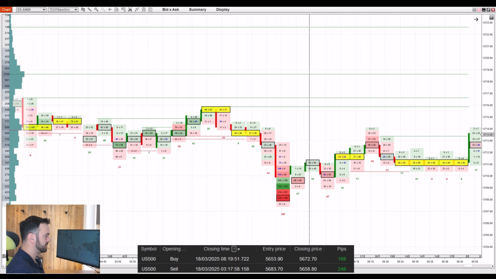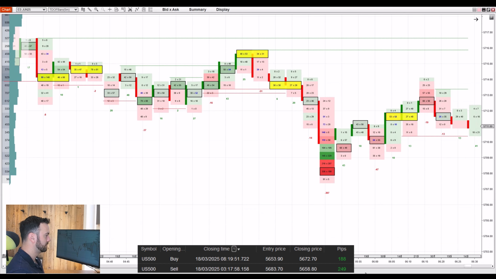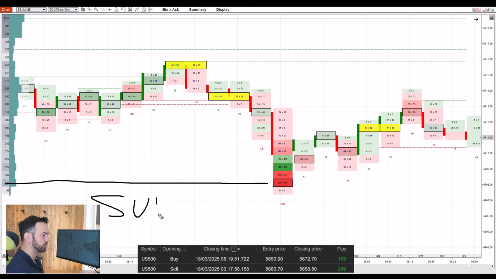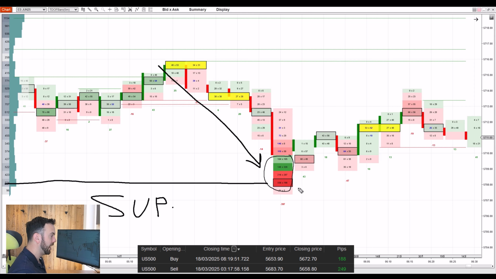You know what? Let me zoom this in even more so you can see it better. This was the support. The price went towards the support, and then around the support zone, those massive volumes started to show up.